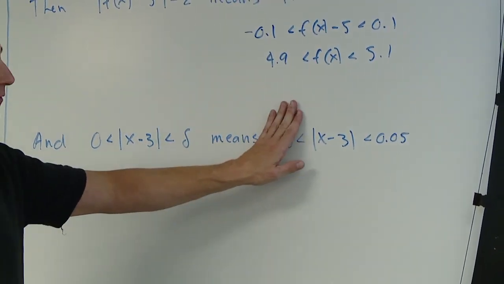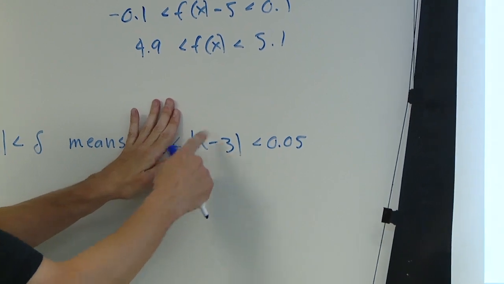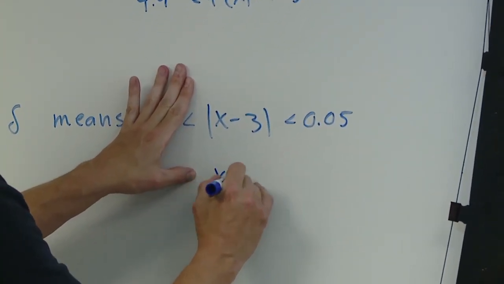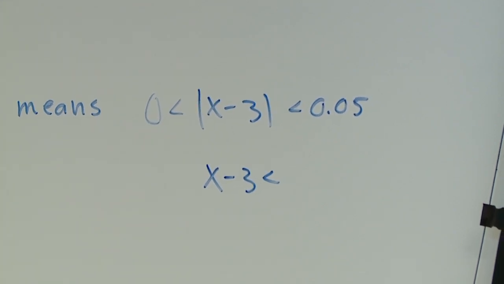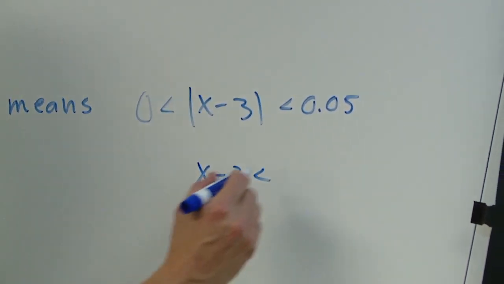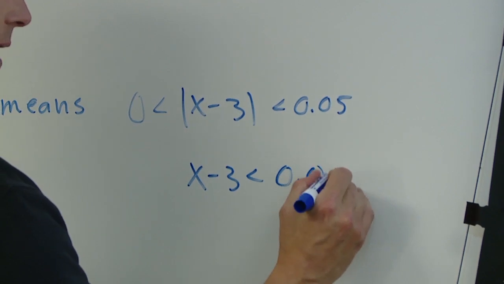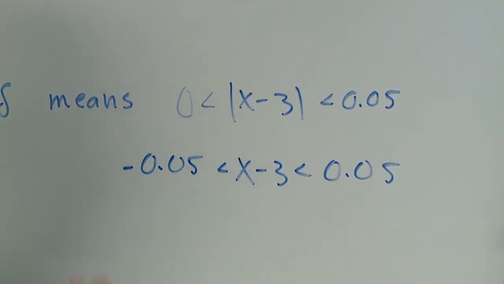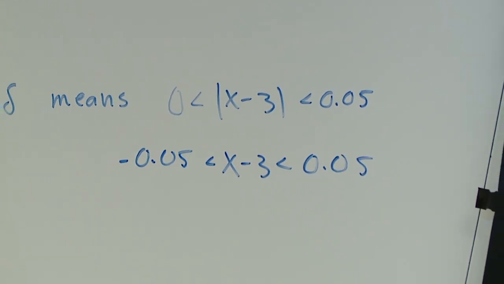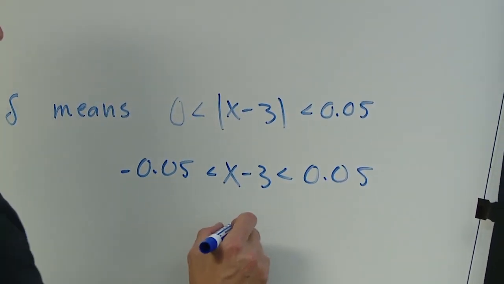If we forget about this 0 for a second, if we want to remove the absolute value, that's saying x minus 3 is less than 5/100ths, so 0.05, while also being greater than negative 0.05, right? That's what absolute value means. We'll talk about the 0 in a second here.